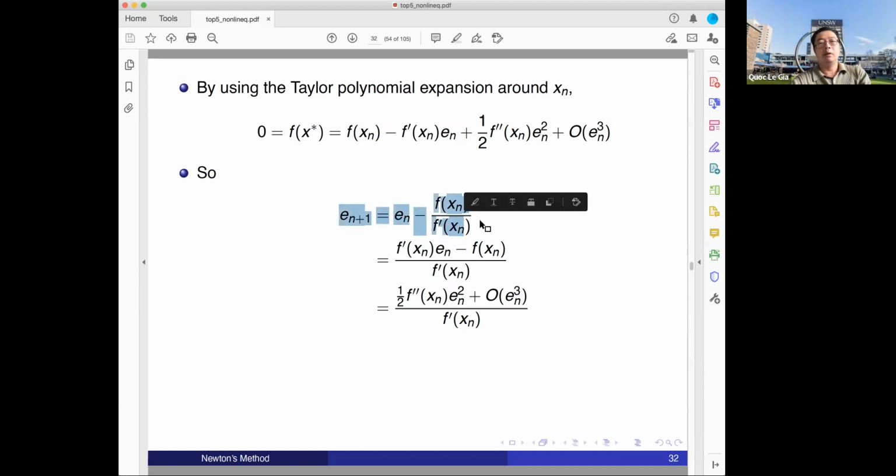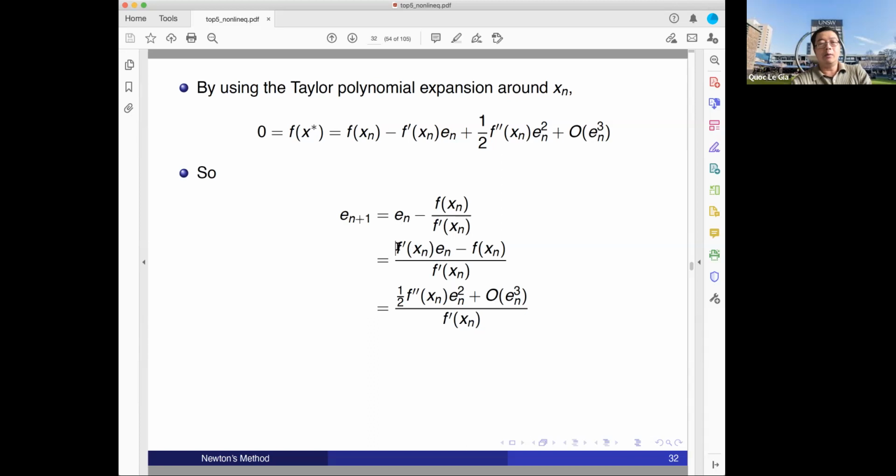And so now the next step is you just cross multiply. So en multiplied by f prime xn here, minus f xn.